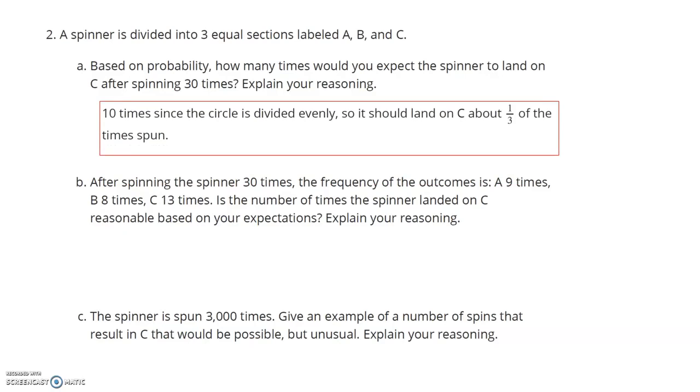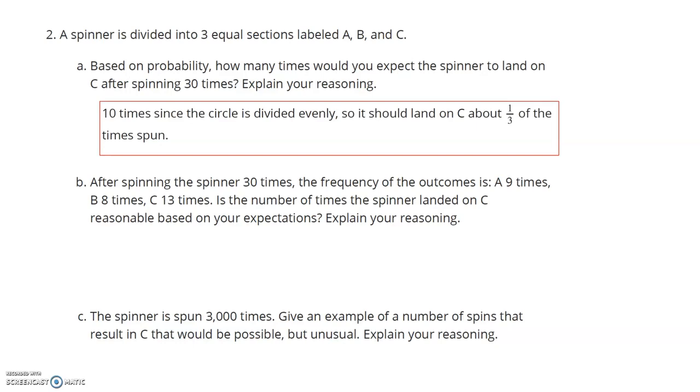So it should land about 1/3 of the times spun, or 10 times. So based on that, and I want you to think further, what is 1/3, right? 1/3 is 0.33. So you can use that information to answer the other 2 questions.